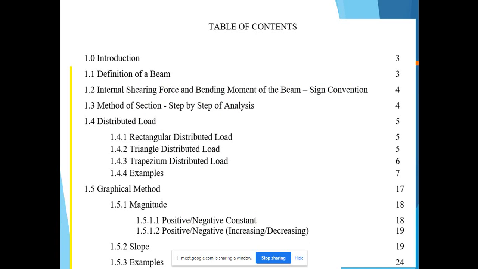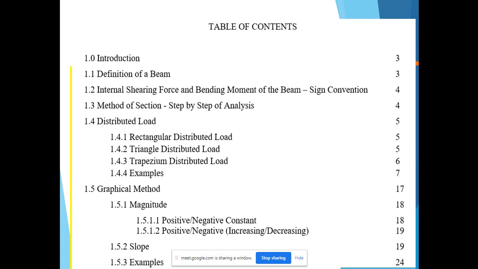So it is good to really understand the definition of the beam, because some students get confused between beam and column. I will explain later what the difference is.